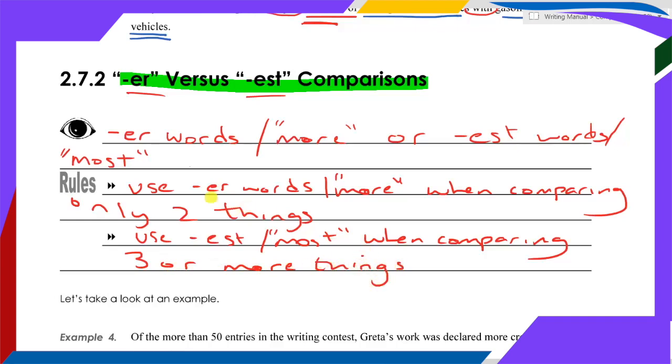So you might even want to add to your tip-off clue, you might want to add a number in the sentence.